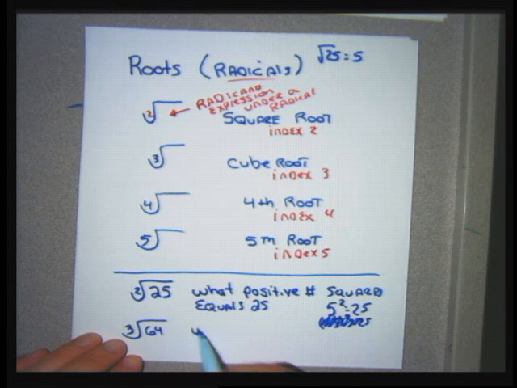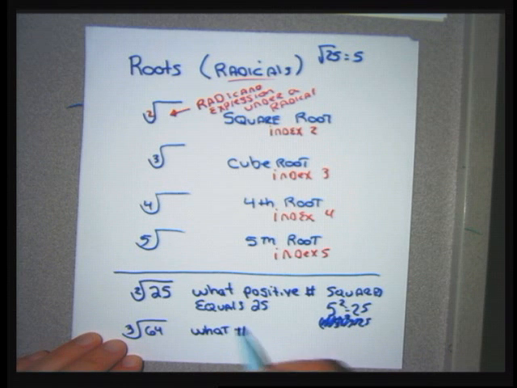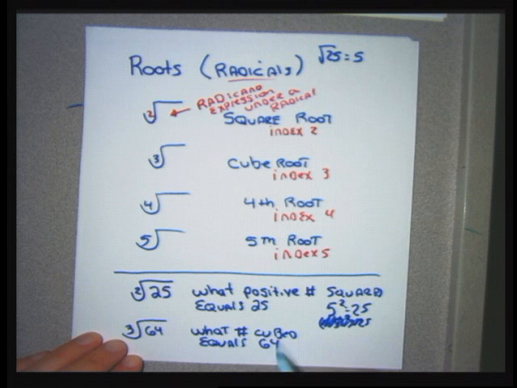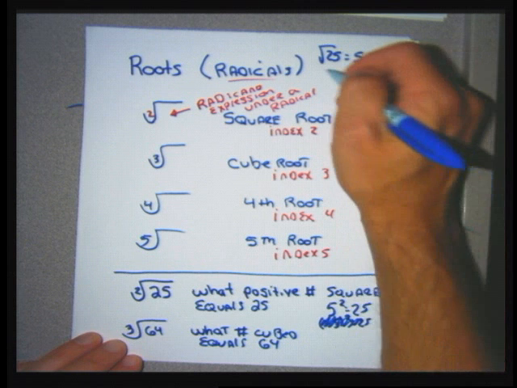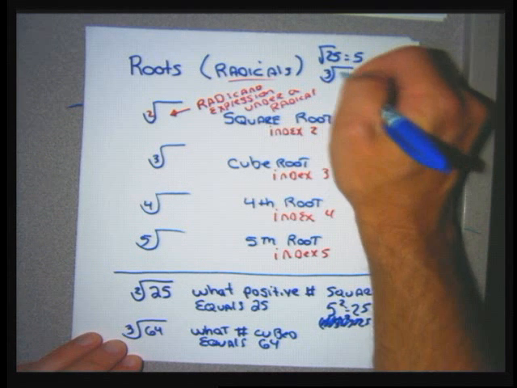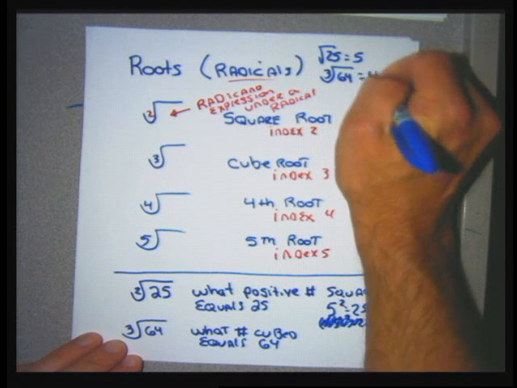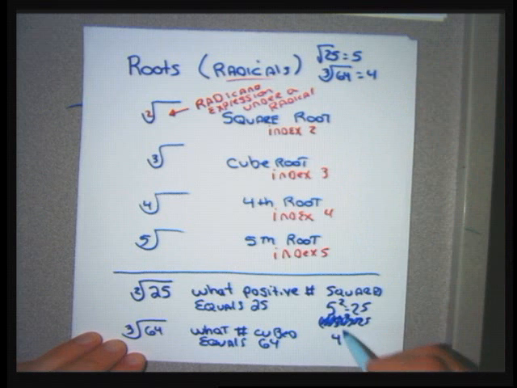So this is just asking me what number cubed, hence the cube root, equals 64. It's not 8, because 8 times 8 times 8, which is 8 cubed, doesn't equal 64. The answer to the cube root of 64 is 4, because 4 to the third power is 64.